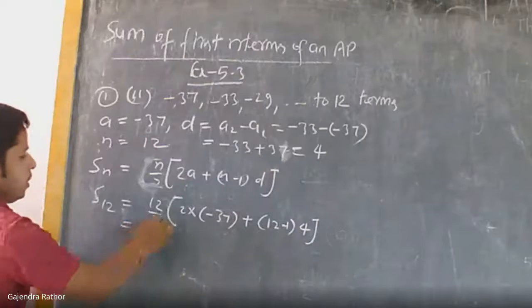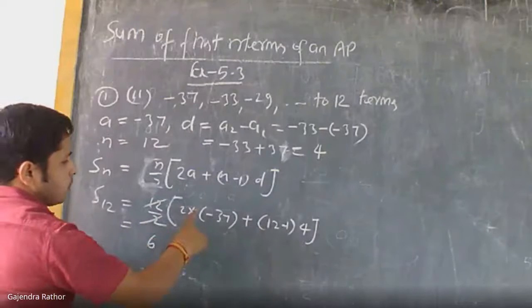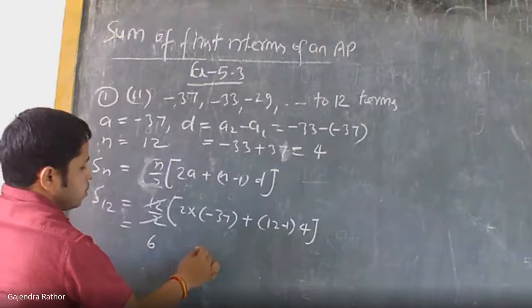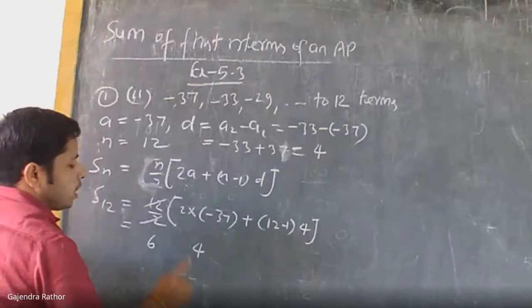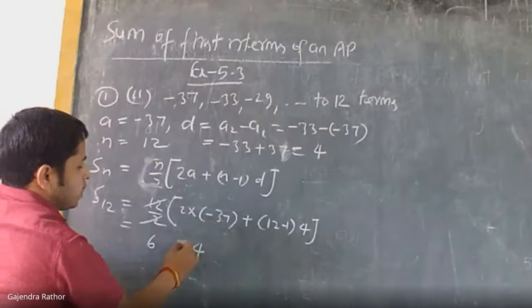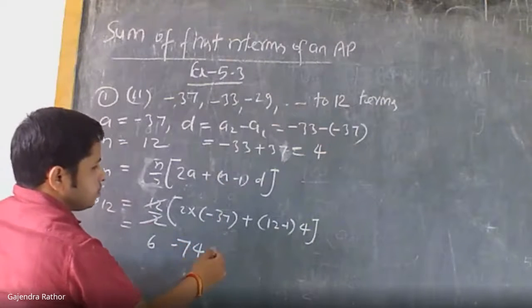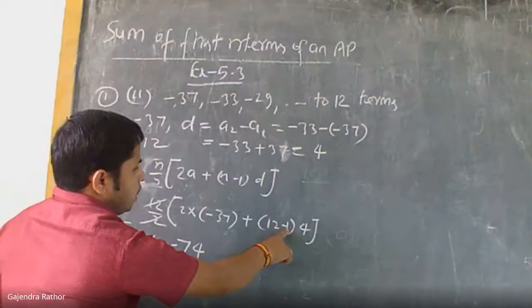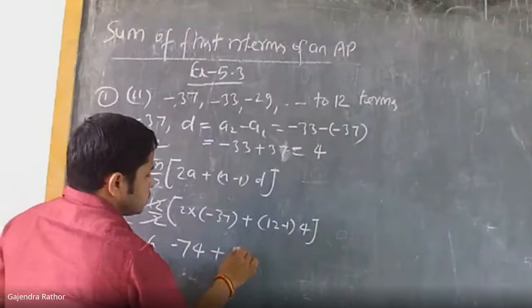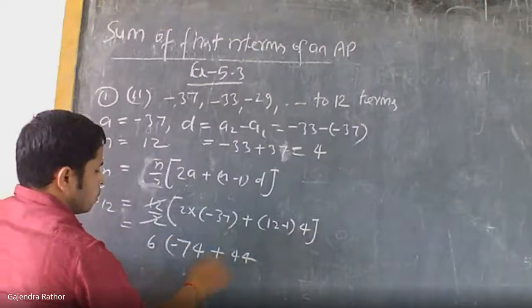So we can simplify. 2 times 6 is 12, again 2 into minus 37 is minus 74, and 11 times 4 is 44. This is plus 44.